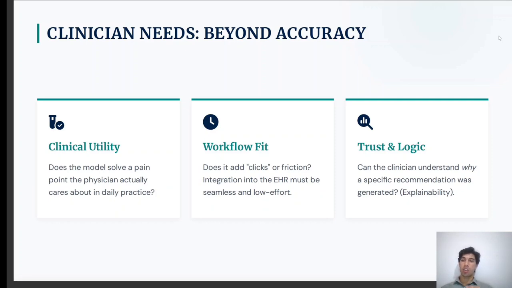If our model does not solve a pain point the clinician is currently facing, does not fit seamlessly into the EHR workflow, and does not explain the output or recommendation it gives, then that model is basically useless. So our model needs to fulfill those requirements.